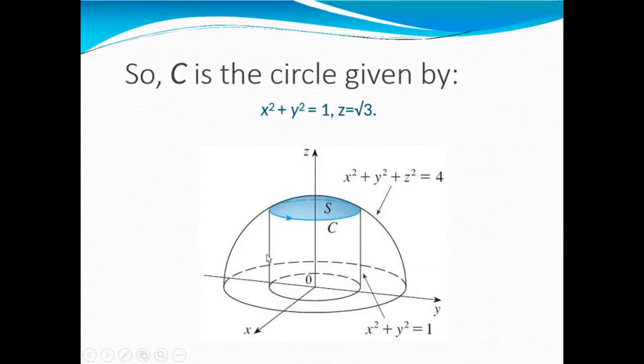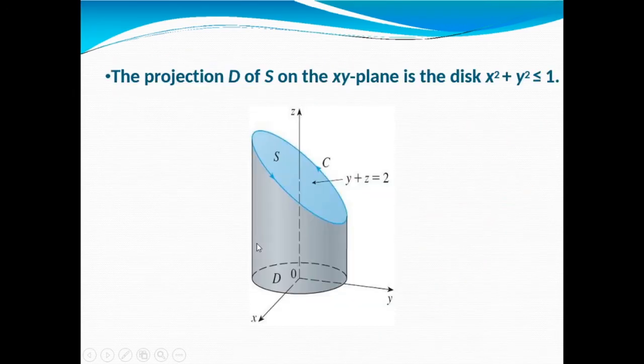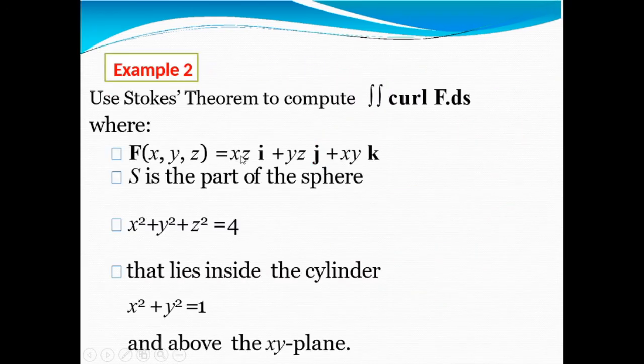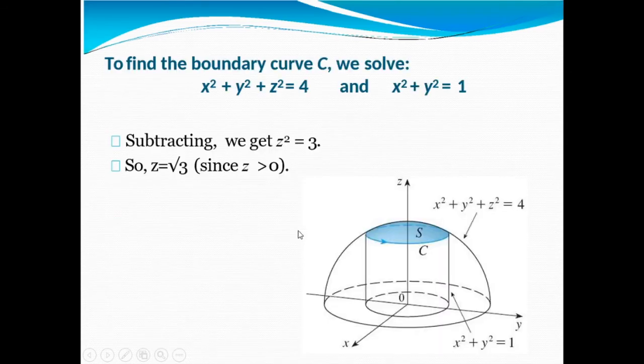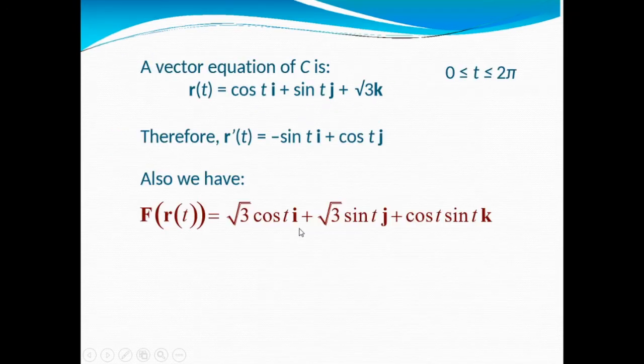This is from the function F that is given here: xz i. Next, plus yz j, taking the values of y and z from this equation. The y value is sin t, z value is root 3. So yz j becomes root 3 sin t j.